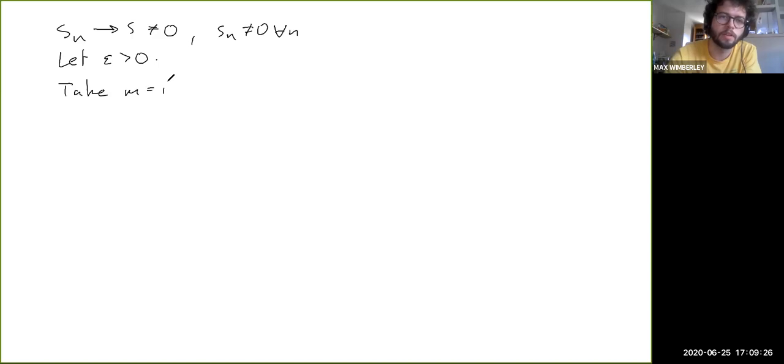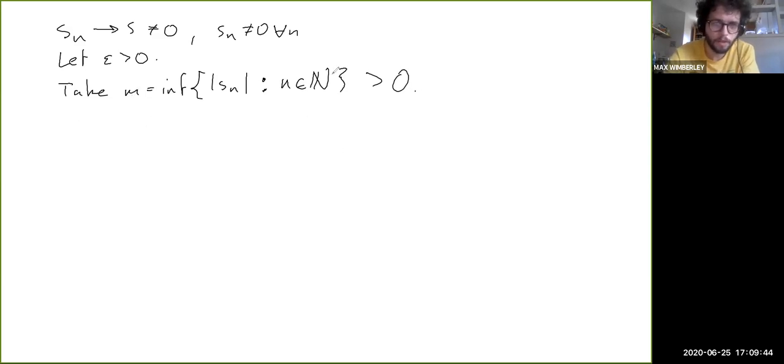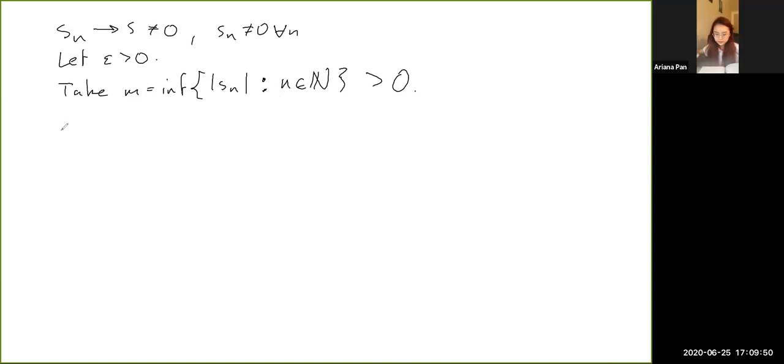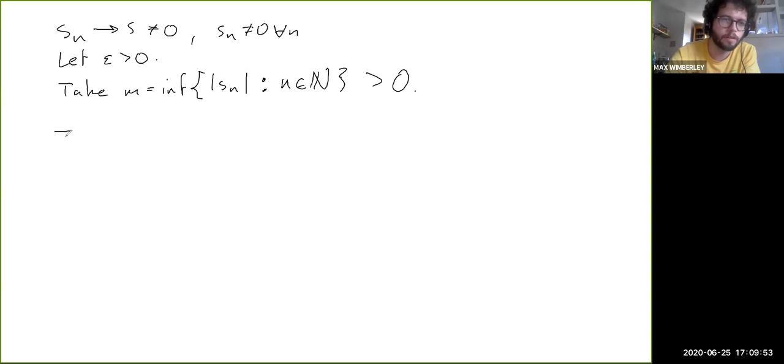Just for context here, M is the infimum of all these absolute values, which is greater than 0, from a previous thing we did. So what we're doing now is we take capital N such that the absolute value of Sn minus S is less than the given epsilon times M times the absolute value of S, right?